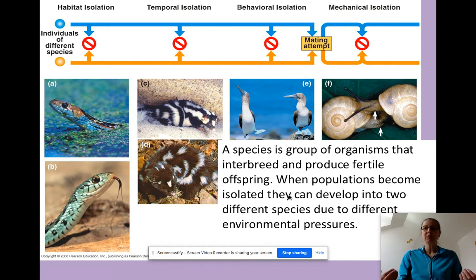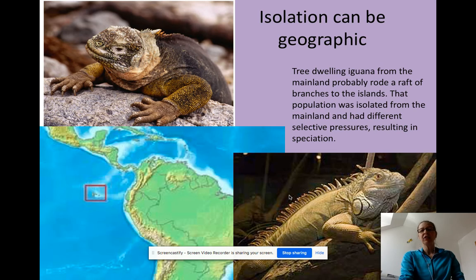And if they can't interbreed anymore, they're no longer the same species. So if they're isolated from each other, there might be different environmental pressures working on them, so they're going to evolve differently. You get enough changes in the gene pool, and if those two sets of populations can't interbreed, we have a new species.